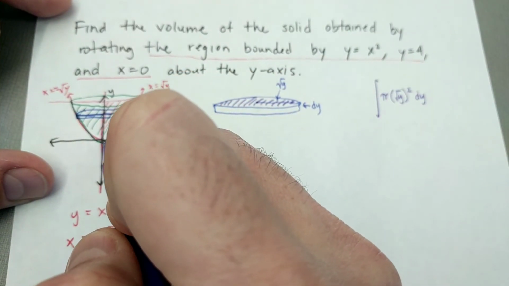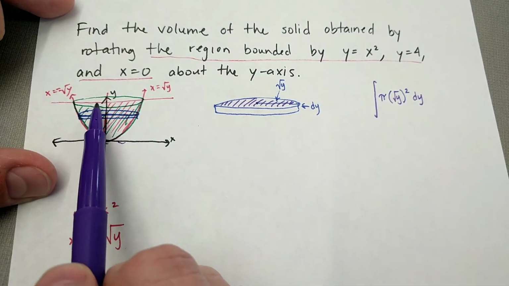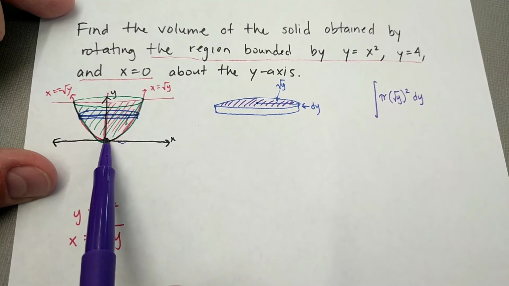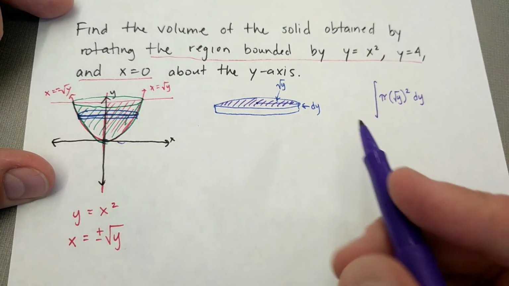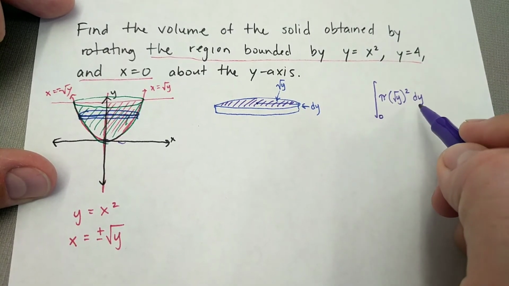What's happening? So if we think about this picture here, the disks now are not being stacked left to right, but instead on top of each other. So there's a tiny disk down here at y equals 0. We care about y because everything is in terms of y.